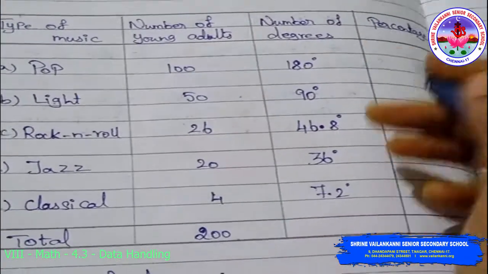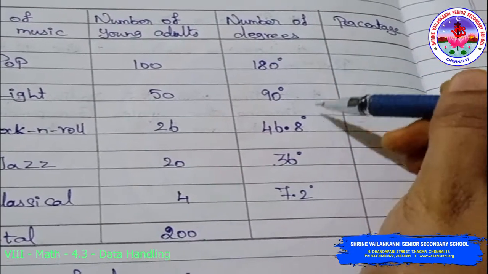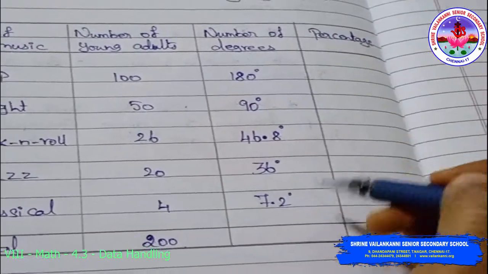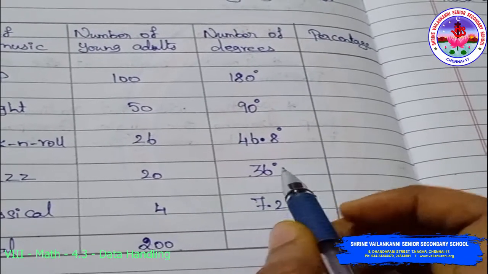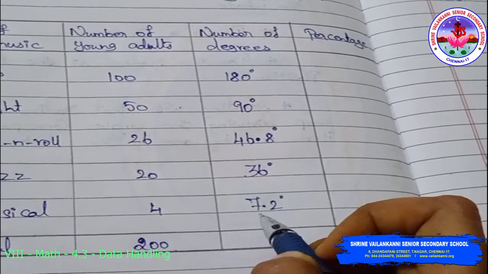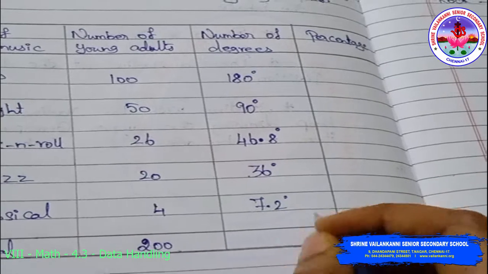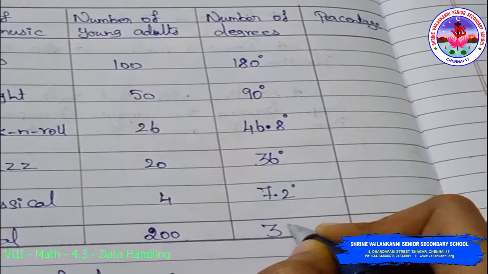Now you can add this third column: 180 plus 90 plus 46.8 plus 36 plus 7.2. The overall is 360 degrees.